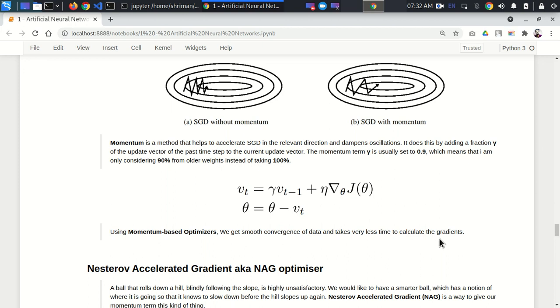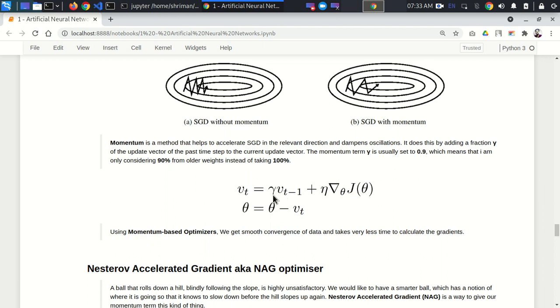People were arguing that if we are going to consider the older weights, how much of the older weights are we going to consider? Maybe 100%, maybe 50%, maybe 10%, how much? This amount is represented by this gamma factor.